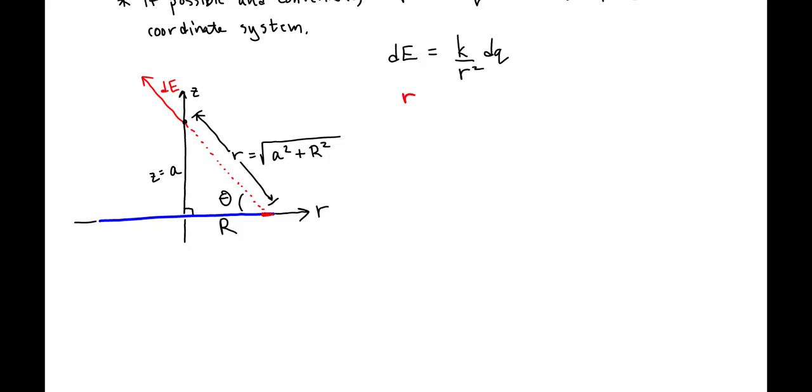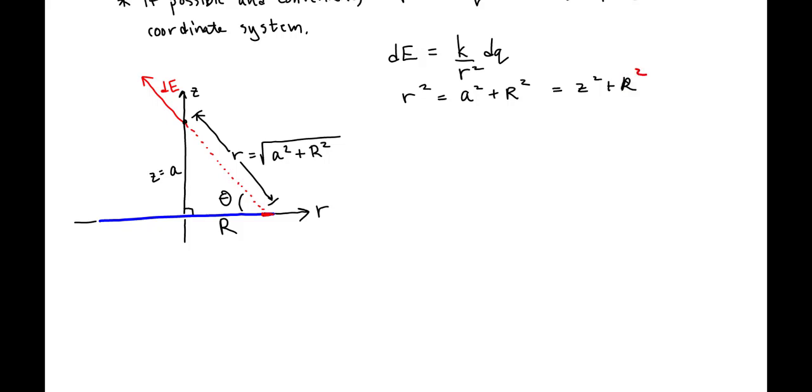So we could write r squared is equal to a squared plus R squared, both values that we have to work with. R is a constant, and a is really z. We could equivalently just call this z squared plus R squared if we wanted to.